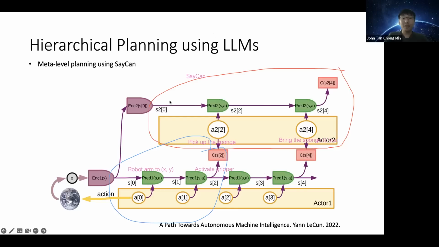You can even have even lower level things like the robot arm going down here. You can even have stuff like actuator motor 1, move 3 units left, motor 2, move something like that. It can even be planned at an even lower level. So the idea is that you have high level planning, low level, and lower level.